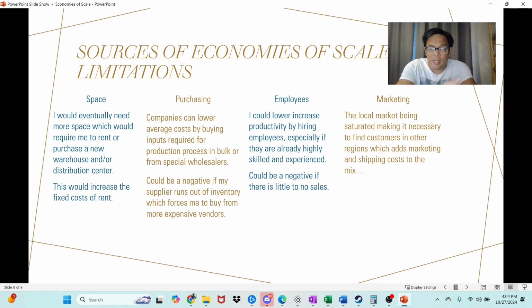Another example is marketing. The local market being saturated, making it necessary to find customers in other regions, which adds marketing and shipping costs to the mix. So, in other words, if I start up a PC gaming company here in Tucson or Phoenix, I could advertise and market to the state of Arizona. But once that reaches a maximum point, I would then need to start marketing to California.